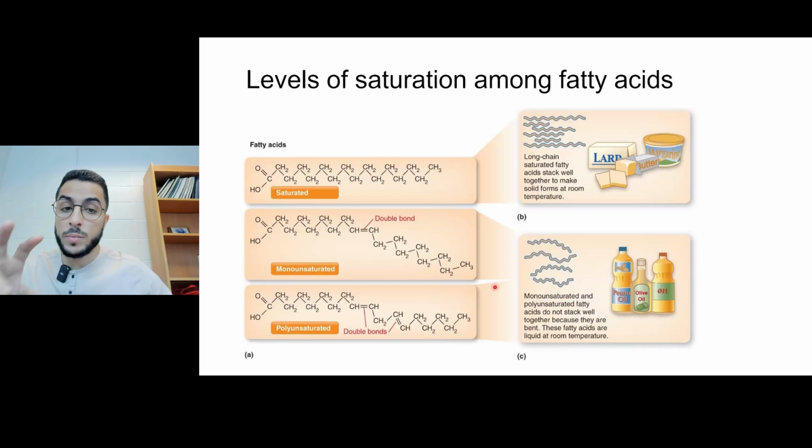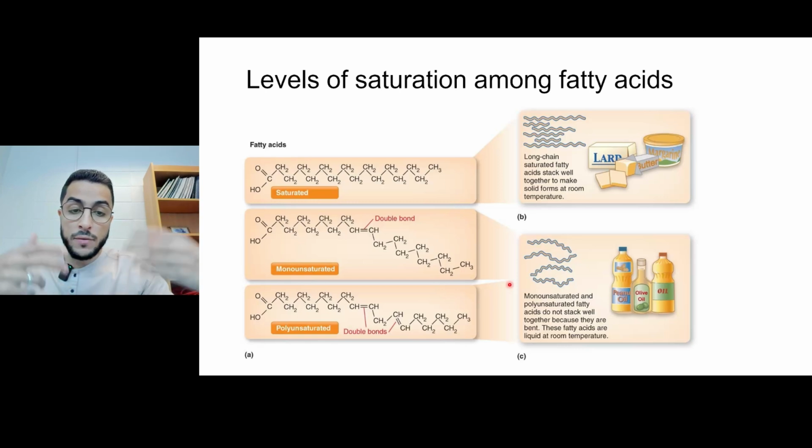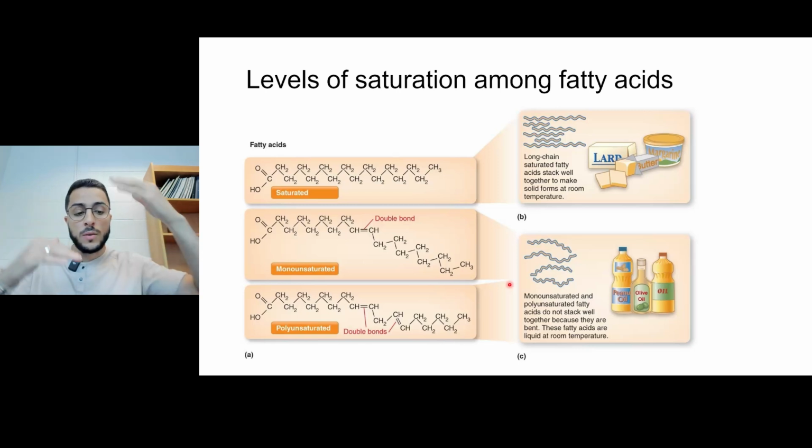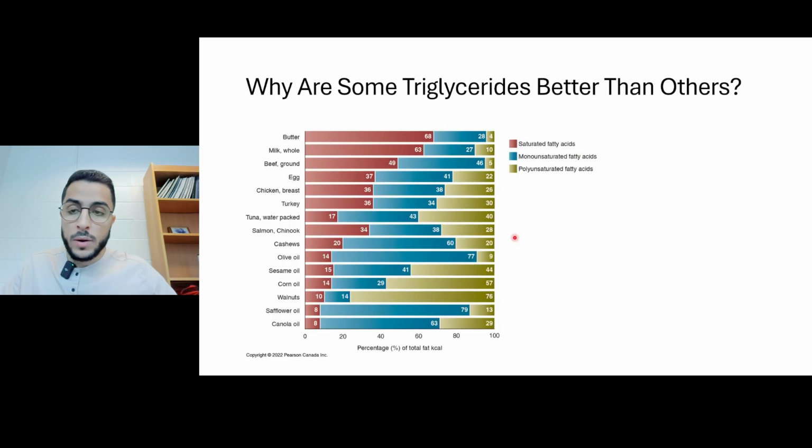Okay, but again, not 100% the case for everything, because food is complex. It's not only made of this fatty acid and that's it. Usually you have a plethora of fatty acids, and the proportions of these determine the solidity.